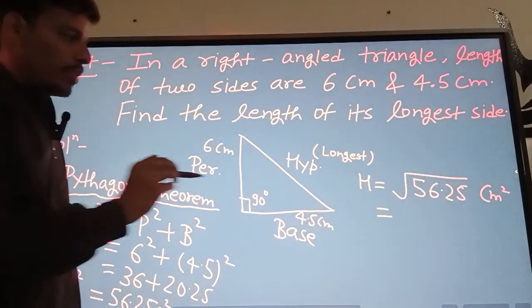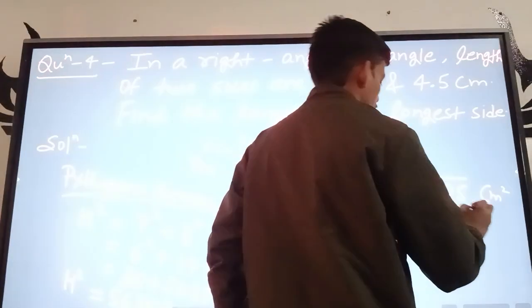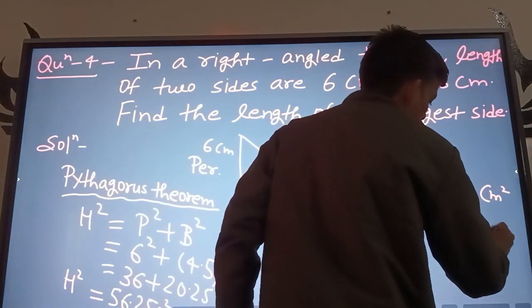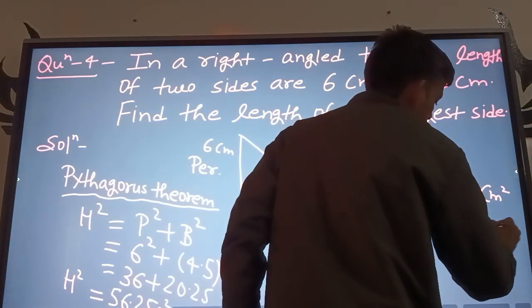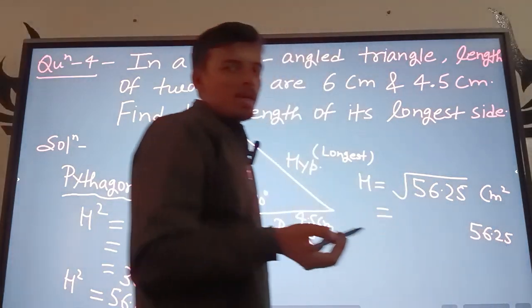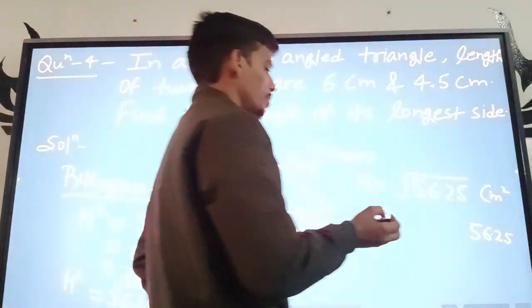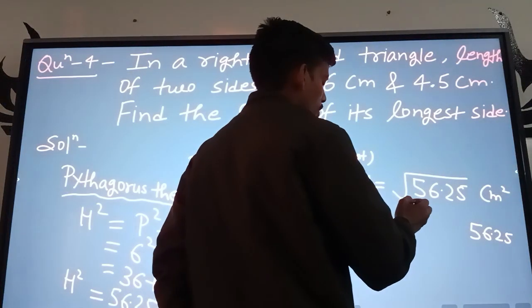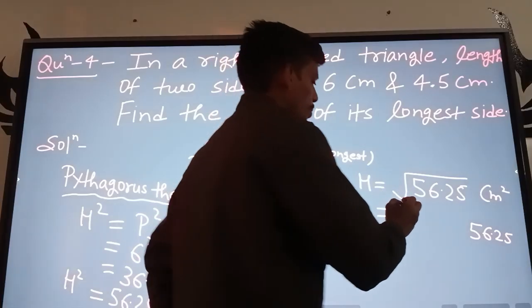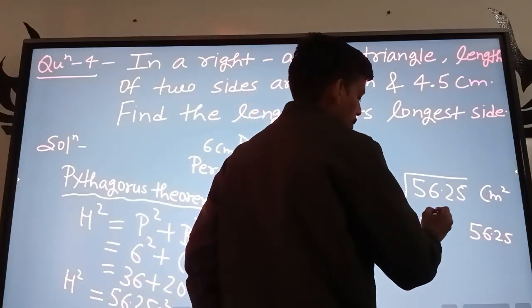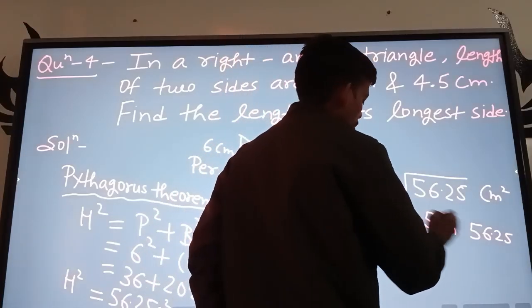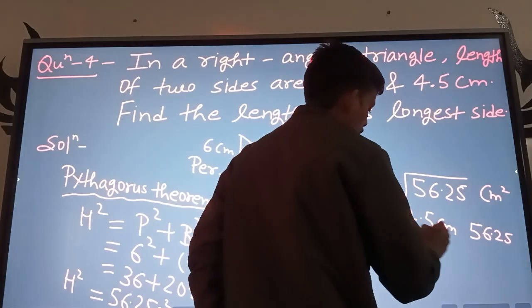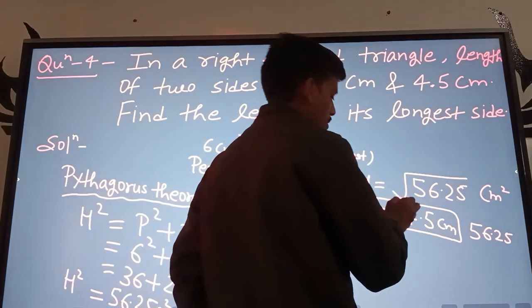Now we find the square root of this number 56.25 by the division method or the prime factorization method. So it is equal to 7.5 centimeter. It is the value of the hypotenuse.